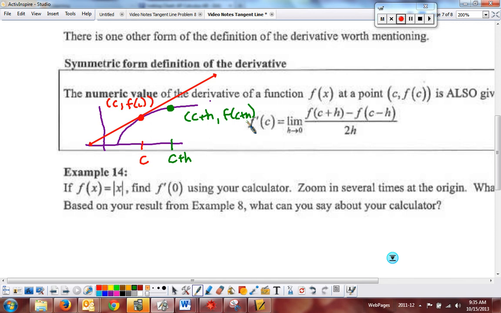But then I decide that I don't really want to do the limit like we did originally, where I let this point get closer and closer and closer, which meant that h was going to 0. And technically, because it was a limit, could this point have been over on this side as well? Because you're doing a limit, you really have to look at it from the left and from the right.